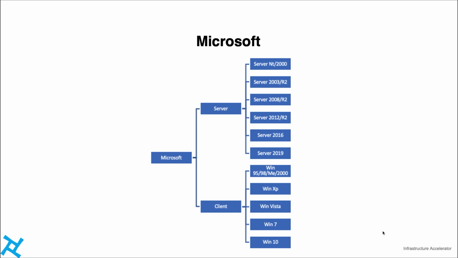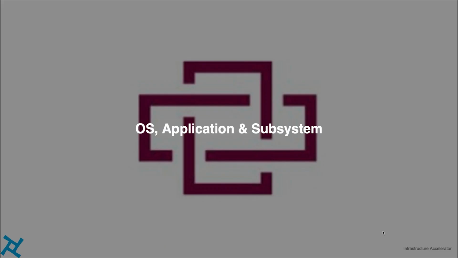Then Windows 10, which came along with Server 2012. So these are the various Microsoft client and server operating systems. You need to understand that there are two different categories of operating systems: some are server and some are client. This is also a good question for interviews, and you should remember the names of all the operating systems of the clients and the servers.